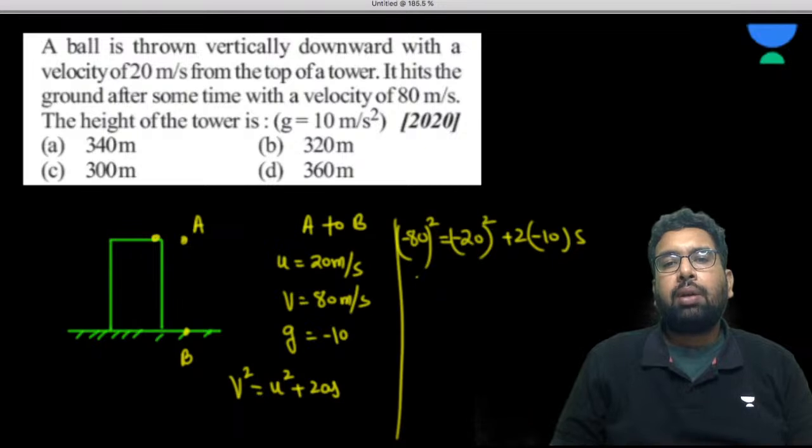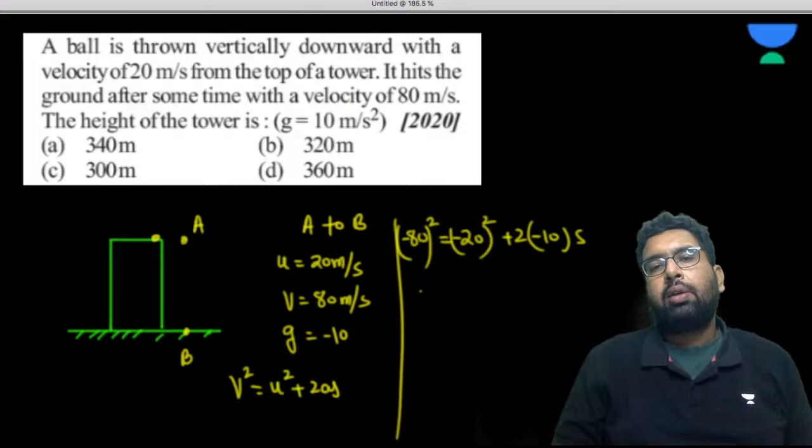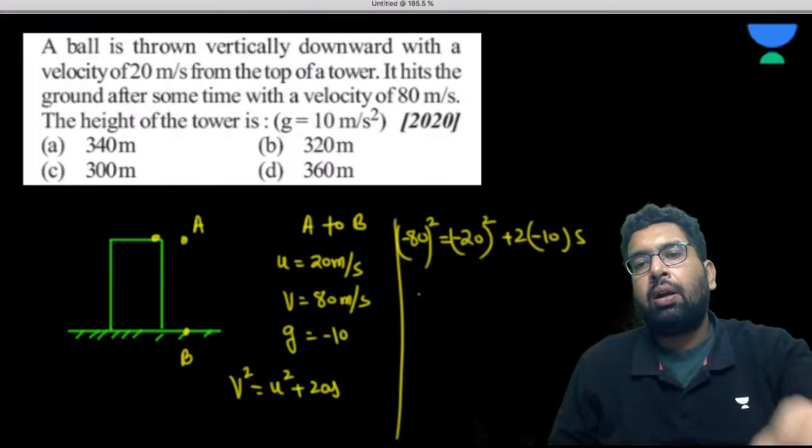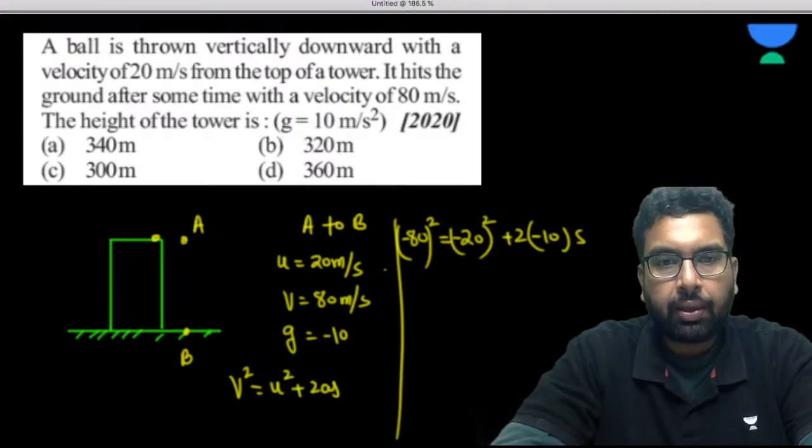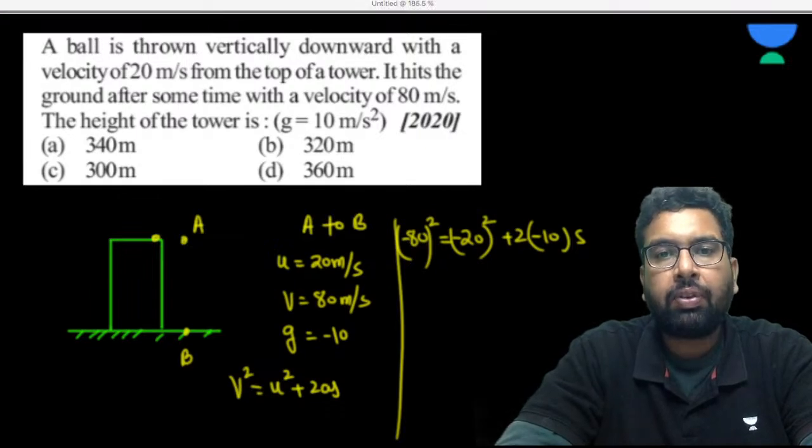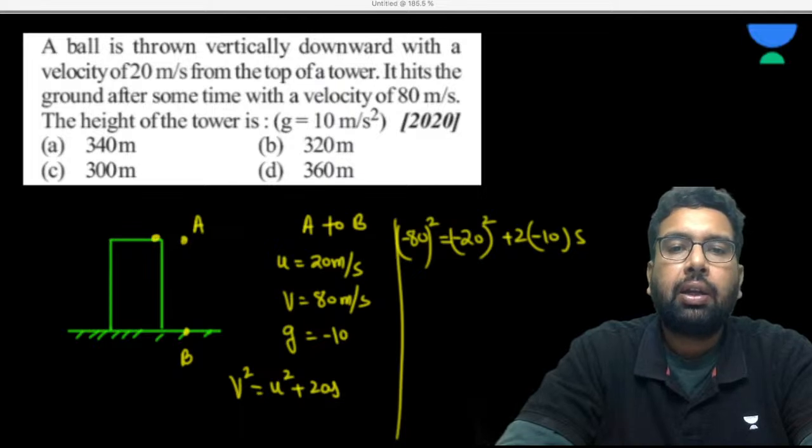So what are we getting, beta? 80 square minus 400 plus 2AS. When we solve this equation, what are we getting?